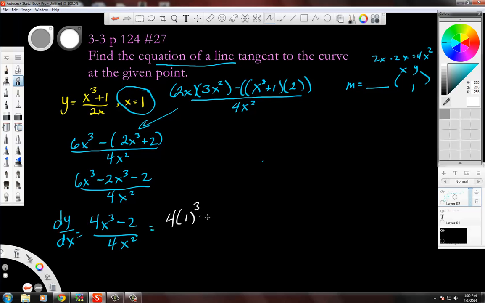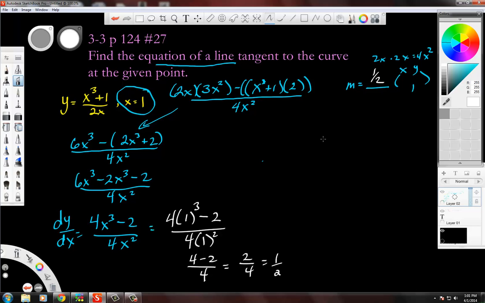Hey, look, it's +1. 4 minus 2 over 4 times 1 squared. So this is going to be 4 times 1 times 1 times 1, which is 4. 4 minus 2 over 4 times 1, which is 4. And so that becomes 2 over 4, which is 1/2. So our slope is 1/2.